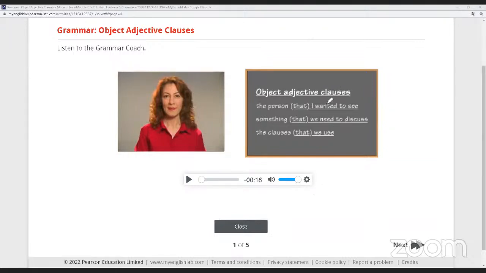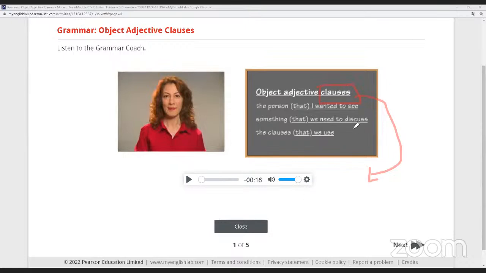But before continuing, I would like to remember what a clause is. The object adjective clause we're gonna learn today, but the clause, it's a kind of sentence, right? We have dependent sentence, independent sentence, okay?